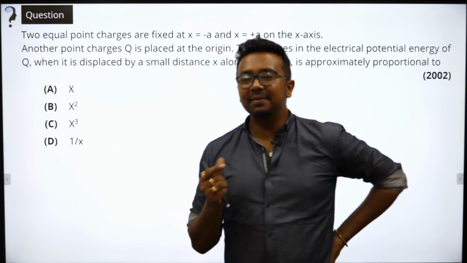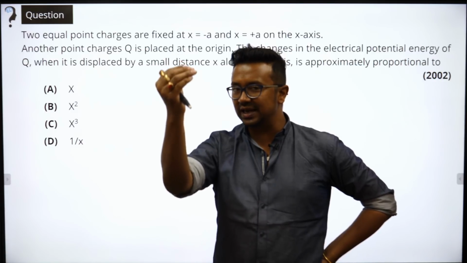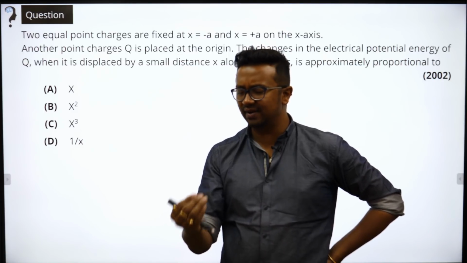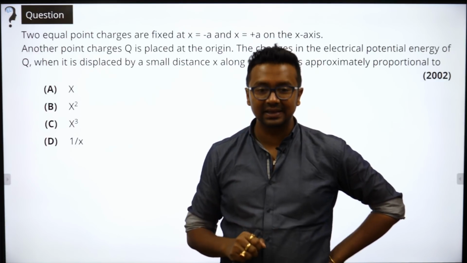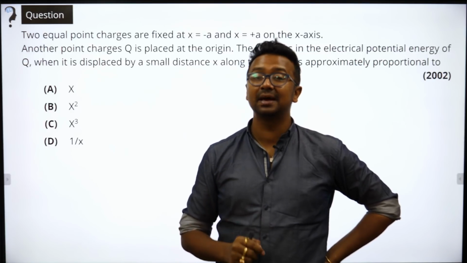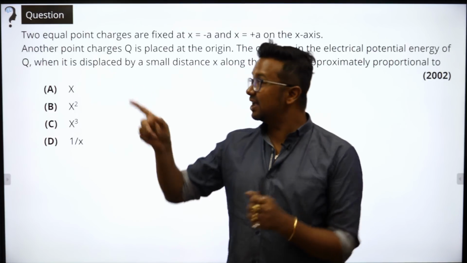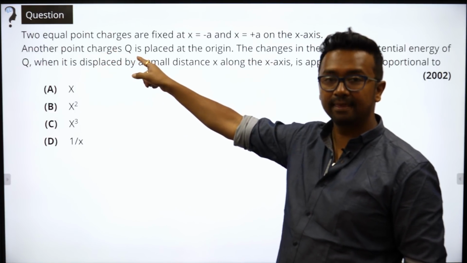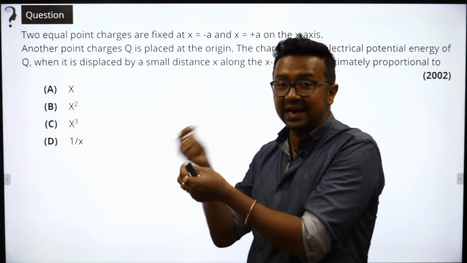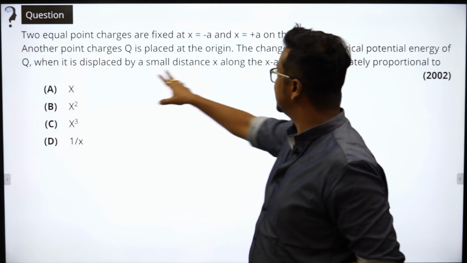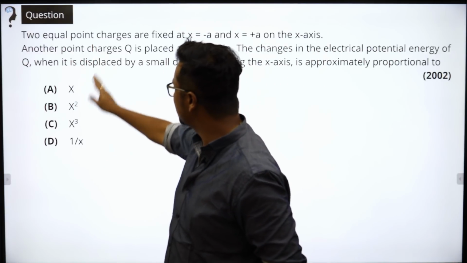Okay, let me tell you, the choice of question is very very important. आप हालांकि सारे क्वेश्चन सीक्वेंशियली करते जाते हो, number 1, number 2, number 3, number 4, number 5, number 6, number 7, ऐसे सीक्वेंशियली चलते रहता है आपका गेम. But let me tell you, that is not a very wise method of doing questions in a competitive examination. Your choice of question should be very very important. Like if this question was there in my speed and accuracy, ठीक है, तो स्पीड तो मैं जनरल जो methods हैं वो use करके मैं स्पीड निकाल रहा हूं. अब जब भी proportional वाला question आता है, कहीं पे भी देख लीजिए, is approximately proportional to x to the power 1, x to the power 2, x to the power 3, 1 by x.